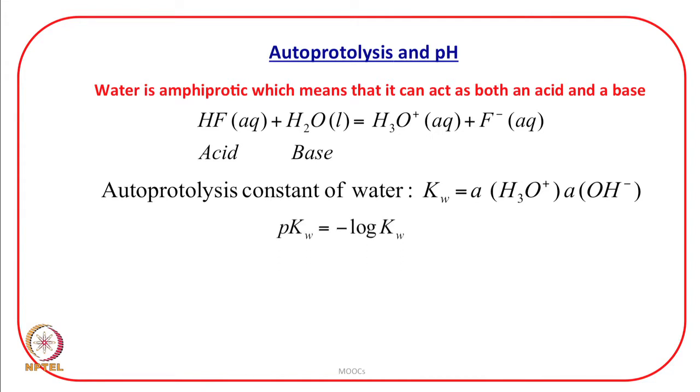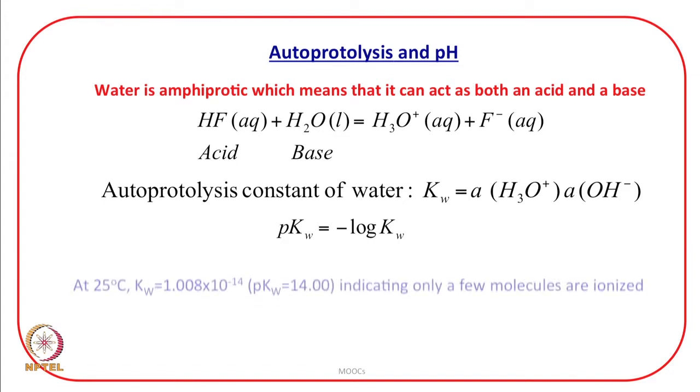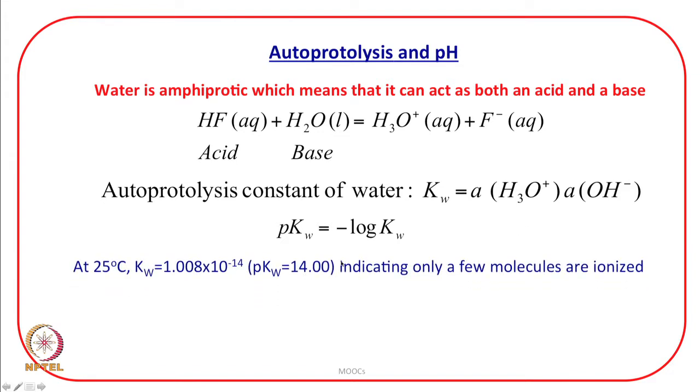And similarly, I can write pKw, which is minus logarithm of Kw. At 25 degree centigrade, the value of the autoprotolysis constant of water is 1.008 into 10 raised to the power minus 14.